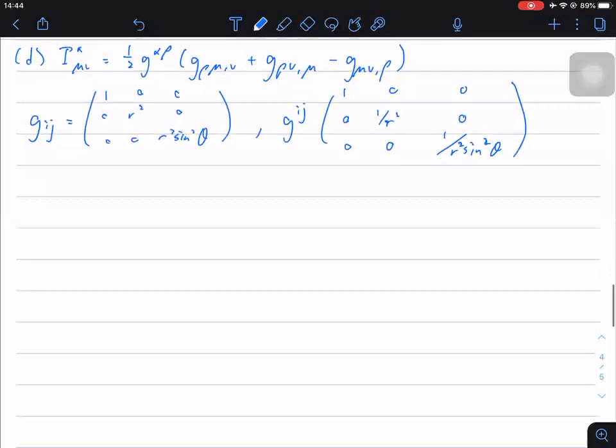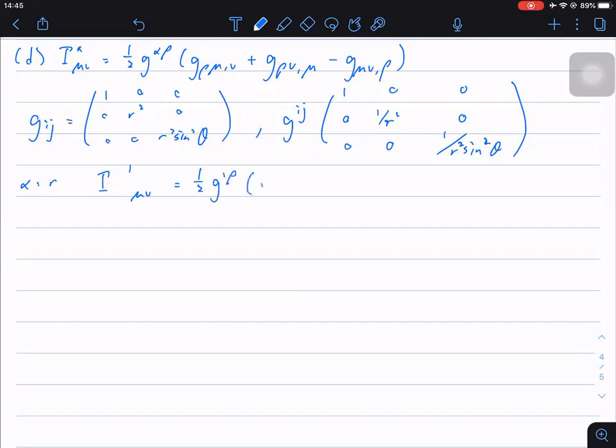Okay, so let's first consider alpha to be the R component, which is 1, and then mu nu. For alpha being the R component, we just replace F3 alpha in the formula with 1.